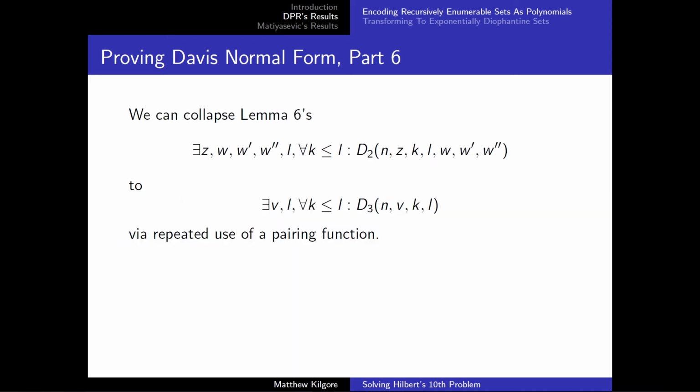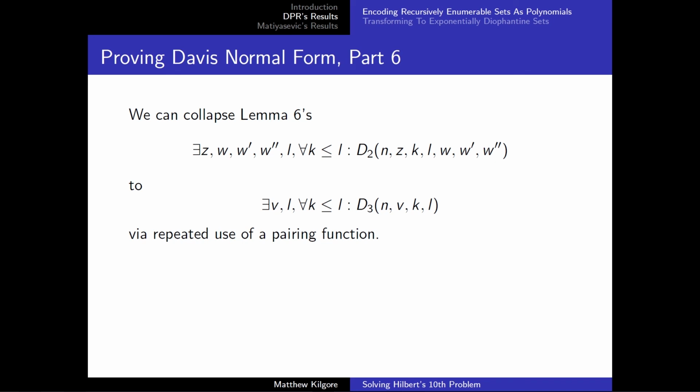We can collapse the Z, W, W prime, W prime prime to a single integer V via use of a pairing function. Davis repeatedly applies a pairing function, but pick your favorite system. It'll all turn out the same.